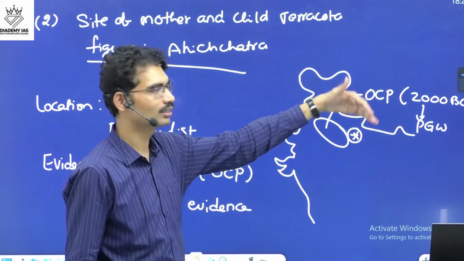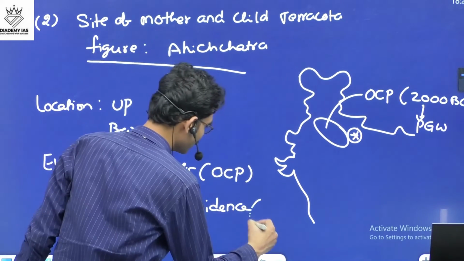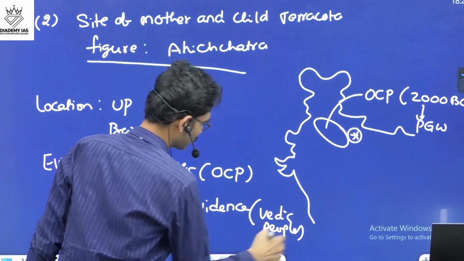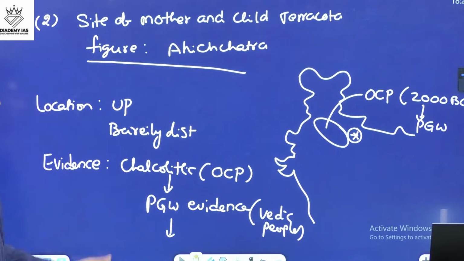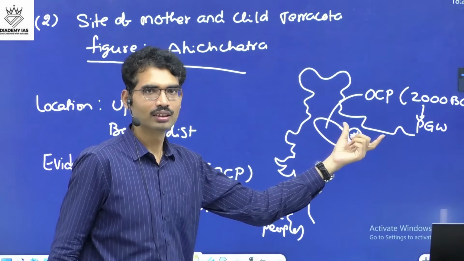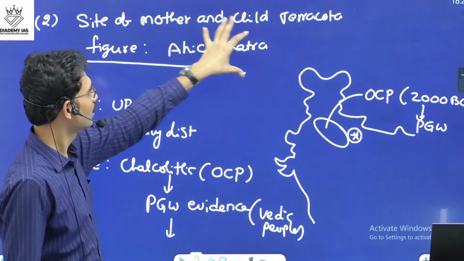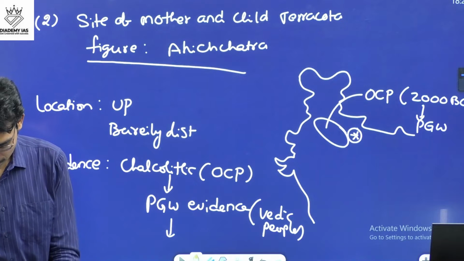Before Vedic people, Chalcolithic people. OCP people are Chalcolithic, PGW means Vedic people. And later, this area becomes one of the important sites during the Mahajanapada time period. During the Mahajanapada time period, terracotta art also flourished here.